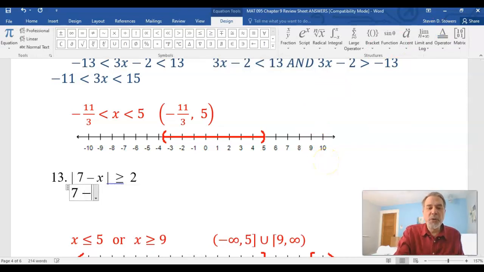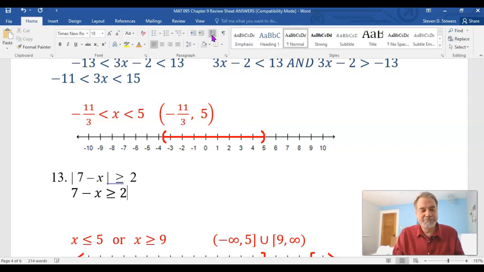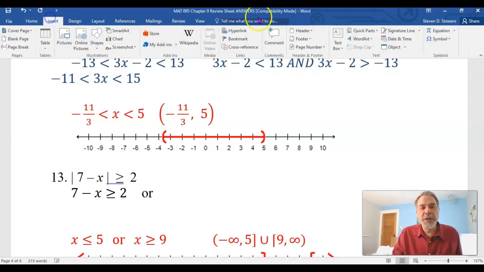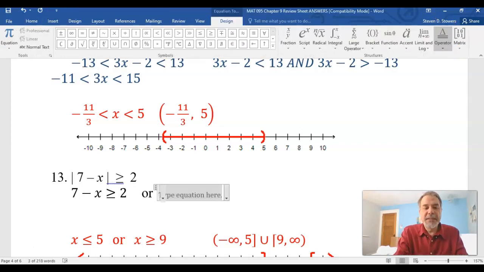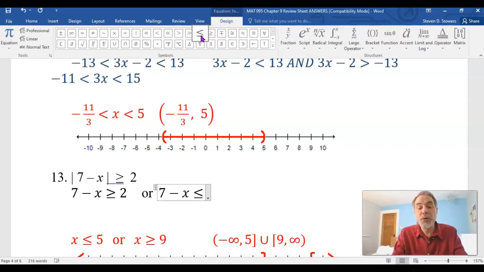So one of those is just 7 minus x is greater than or equal to 2. Or the other one is 7 minus x is less than or equal to -2.